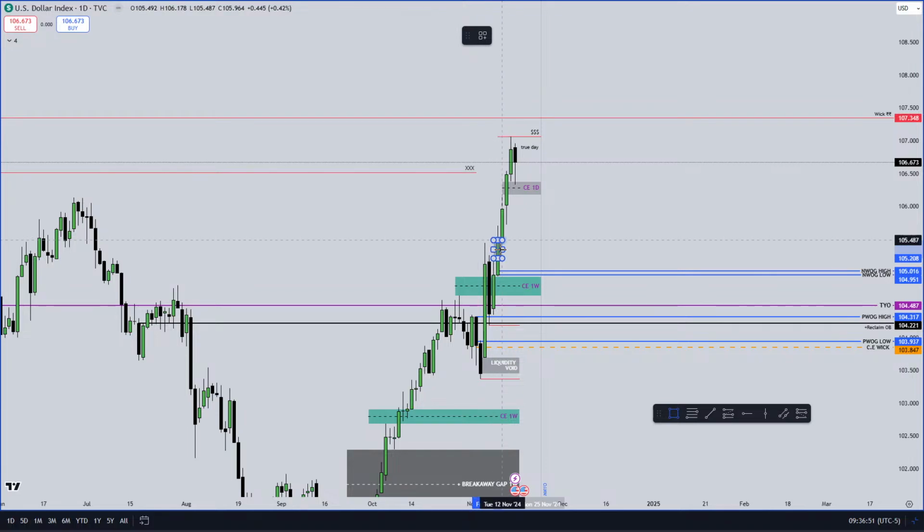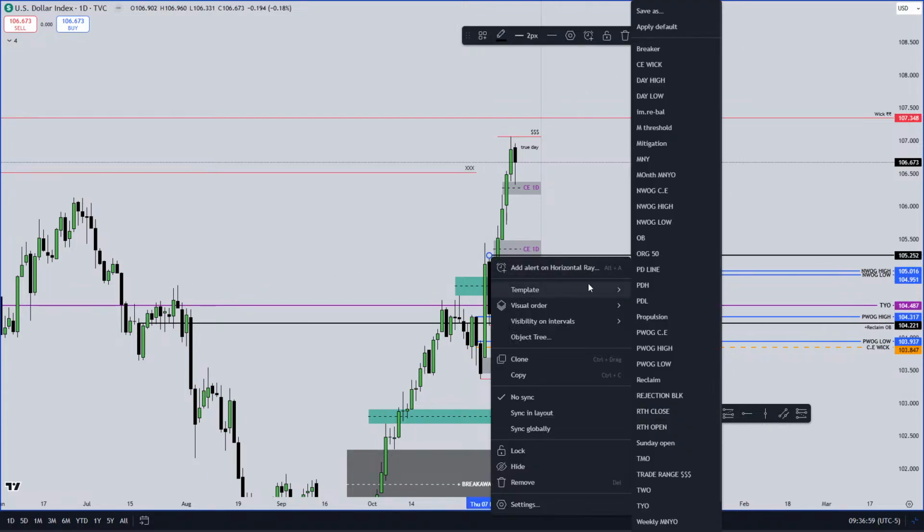This is another important FVG. It's also coinciding with this daily order block.